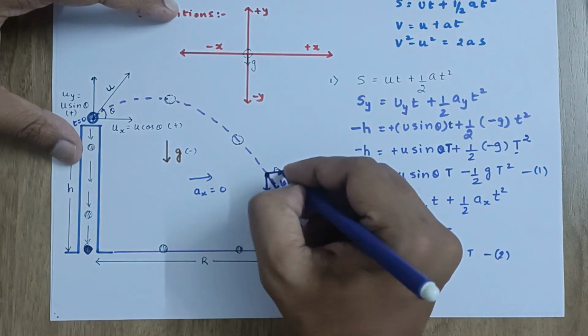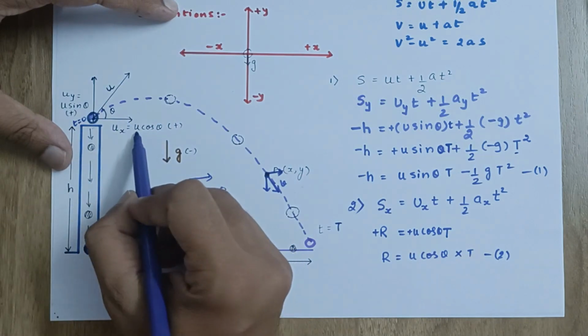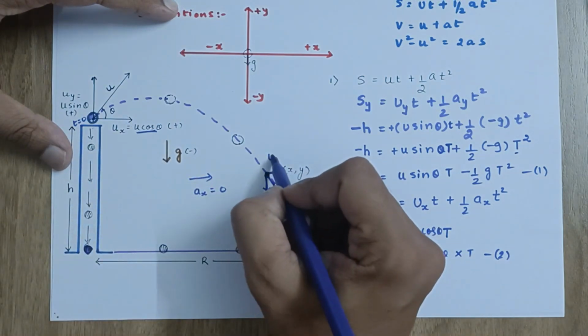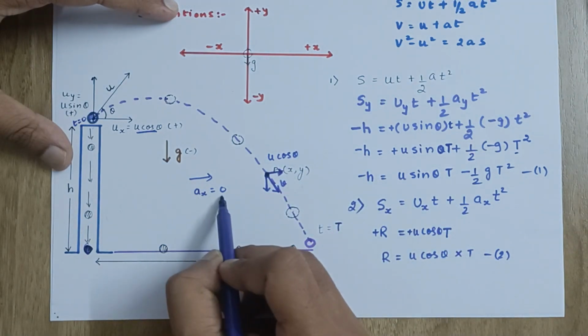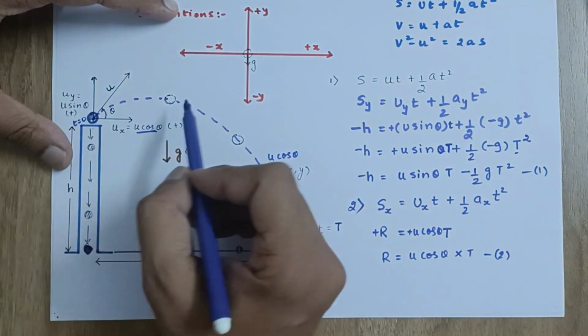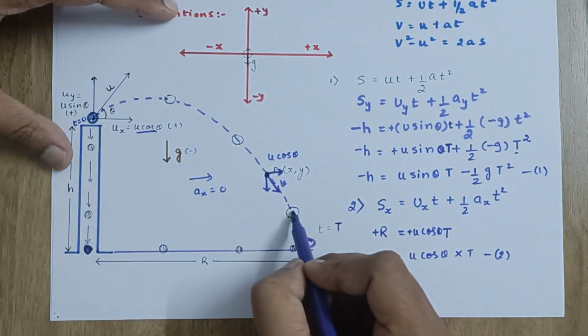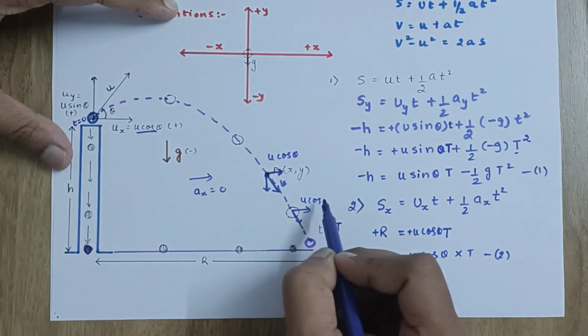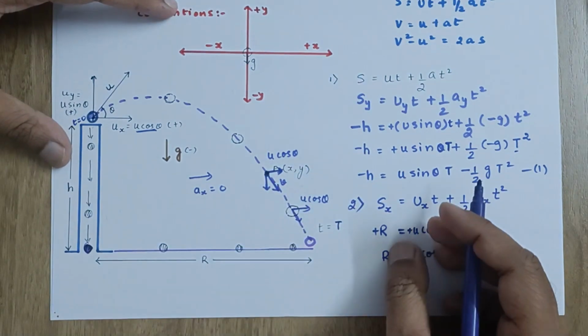I'm not worried about this part because ux is u cos theta. So here again I'm going to get u cos theta. That is due to the fact that since there is no acceleration along x, at anywhere the x component of the velocity remains the same. Even over here, if this is your velocity, the x component is still u cos theta, right? I'm only worried about the y component.